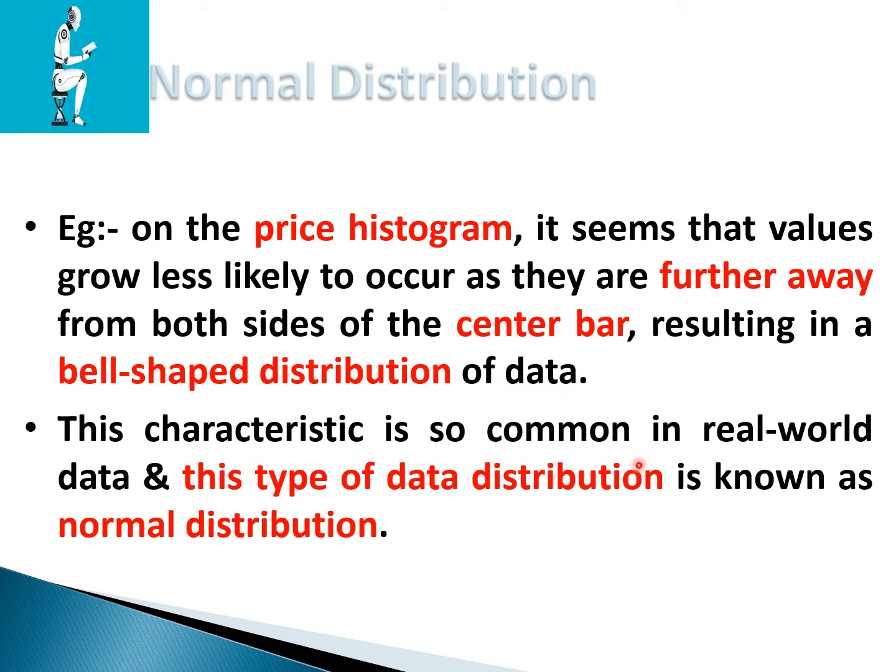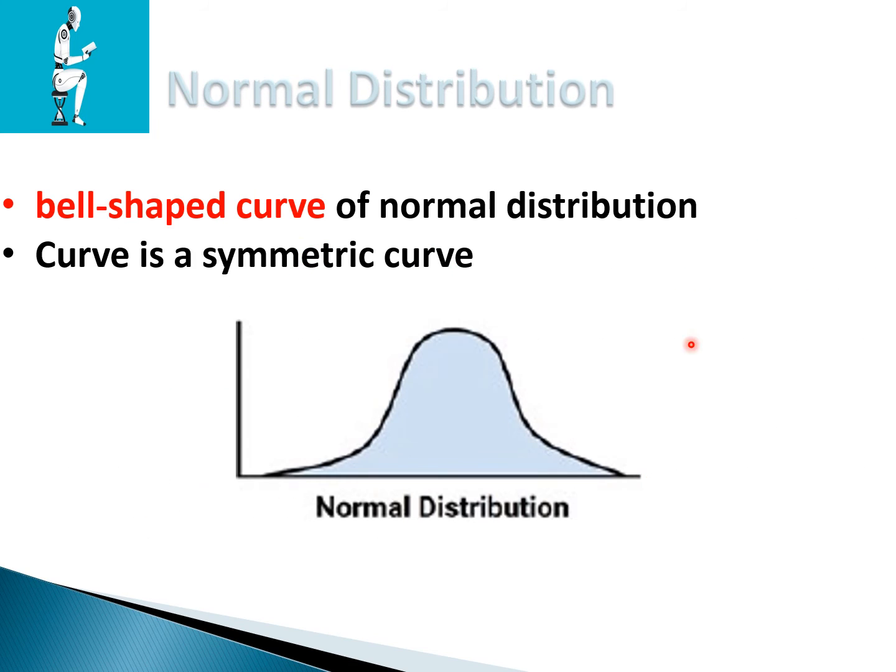This characteristic is so common in real world data, and this type of data distribution is known as normal distribution. The graph is plotted in the format of a curve termed a bell-shaped curve. The curve is symmetric, and this is the curve of the normal distribution.